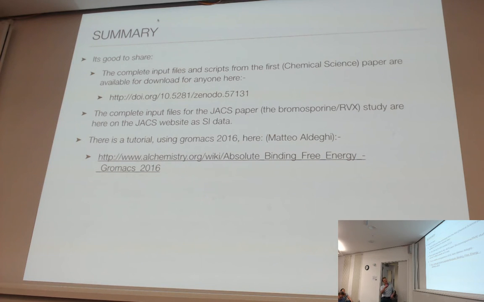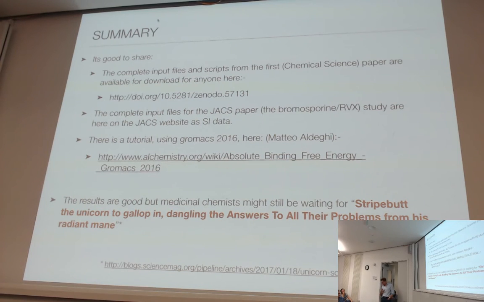Matteo also did a nice tutorial on GROMACS, using GROMACS 16, at the alchemistry.org website. And I'll just end with this quote, which was on Derek Lowe's blog in February when the paper came out. So we're getting quite close, but maybe not close enough for some medicinal chemists.